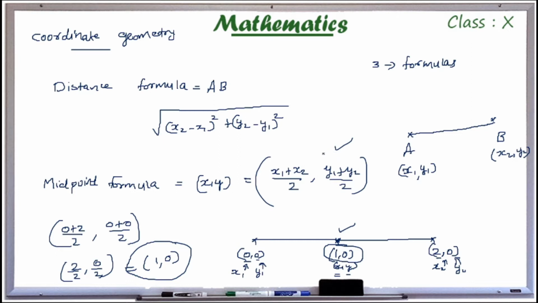And the third formula is the section formula. I hope you all know the section formula. The section formula is about ratios. I will show an example. Suppose this is a line. So this is 0, 0. This is 4, 0.